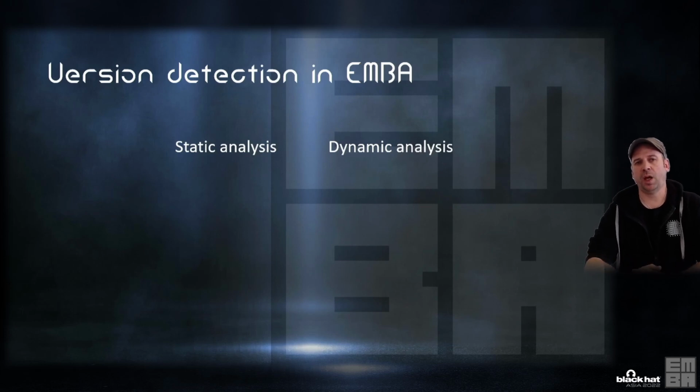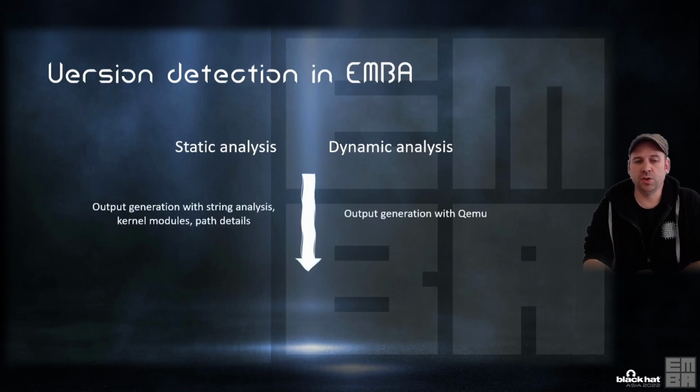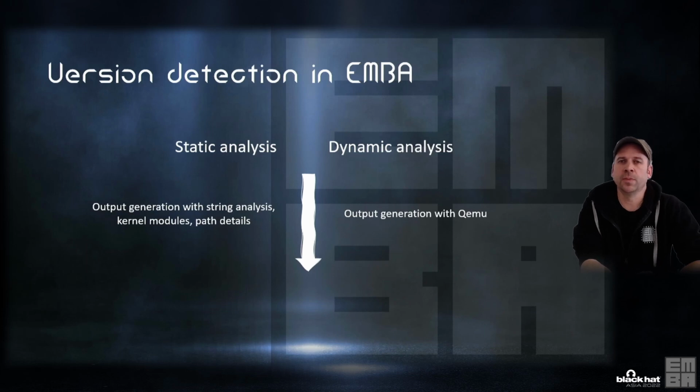So at the end, EMBA includes different possibilities to identify such versions. Most of the firmware analyzers that I know of are using just static analysis mechanisms. EMBA uses this also, so output generation with, for example, the strings command, or you analyze the kernel modules, which include the kernel version that they need, or sometimes you will find version details in the path of a binary or in the name of a binary or library.